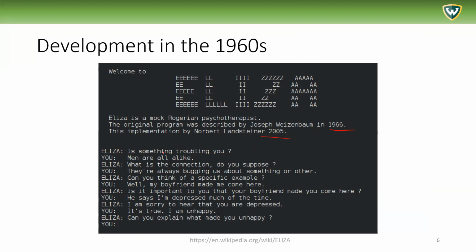ELIZA is the computer. And then the human being would reply, men are all alike. And notice that we were using keyboards and not voice, because voice creates another level of difficulty in the processing. And then ELIZA would reply, what is the connection, do you suppose? And you may ask, well, how does ELIZA know to reply, what is the connection, when, say, men are all alike? Well, you can figure out from the formal structure of text and human language. Here we have a term.